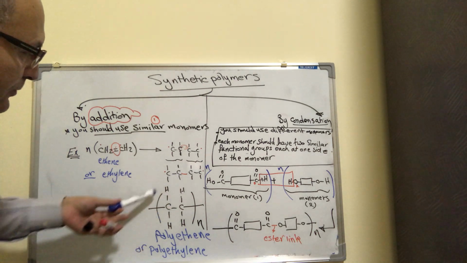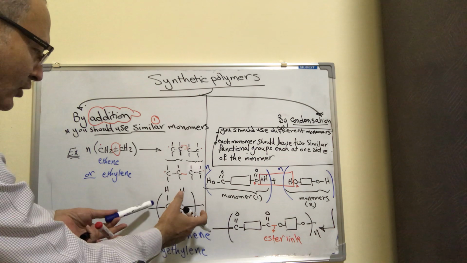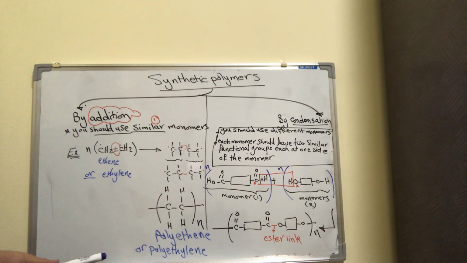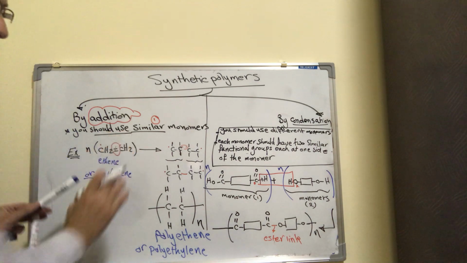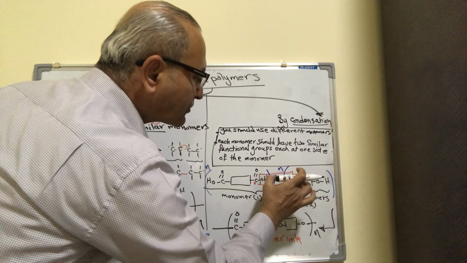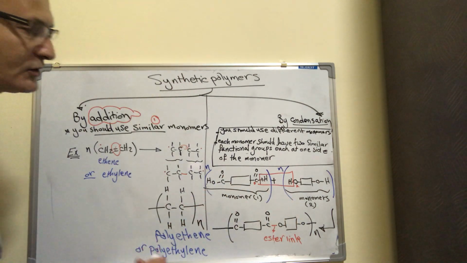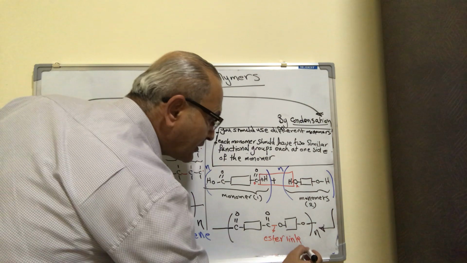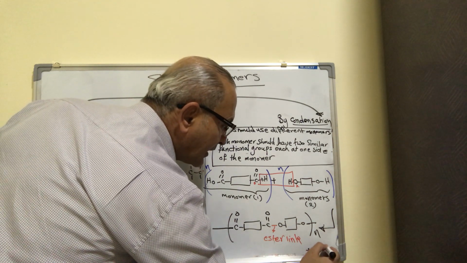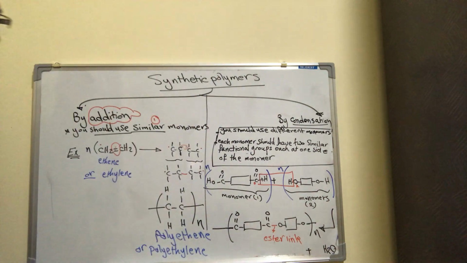And look carefully at what is in it. Is there any other product beside the polymer when the polymer is formed? Is there any side product beside it? No, because you will not lose anything from the composition of the monomer in this case. But in this case, you are removing what? OH with H from here. You are removing H2O, water. So, beside the polymer, there is what? H2O molecules. How many molecules would you get?